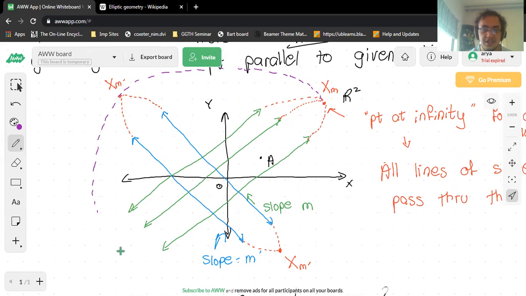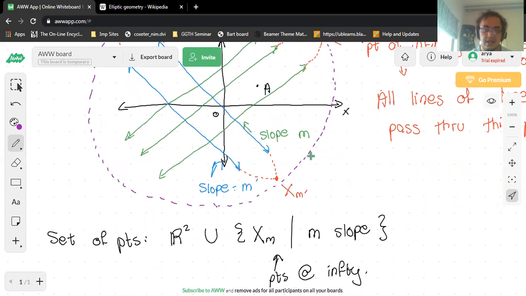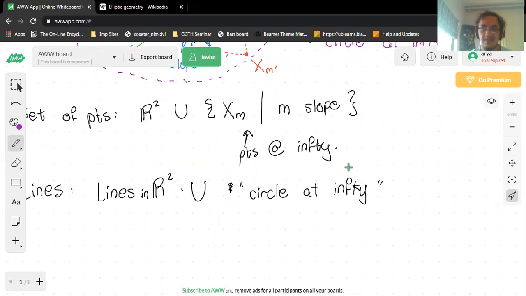The reason it's a circular arc is because the points at infinity can be extended in two directions, and you're identifying them. So you'll first get a semicircular region, but the two endpoints are identified and you would get a circular arc. This is what we call the circle at infinity. This is one extra line that you're adding.